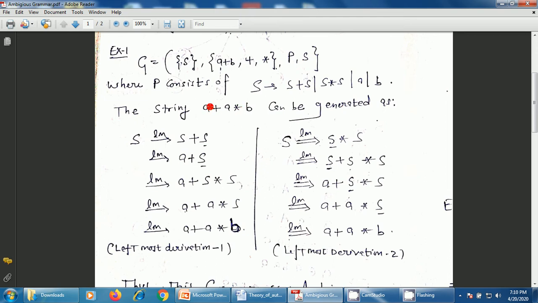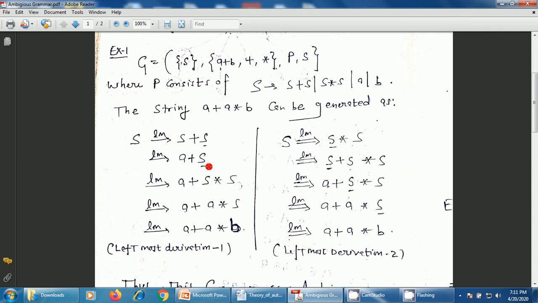First we check whether this string is a sentence of this grammar or not. How do we check it? Using derivation we can find out whether this string is a sentence of this grammar. This is the derivation. S derives S plus S. In place of S we can write small a, because S tends to small a. In the third step, keep a as it is.